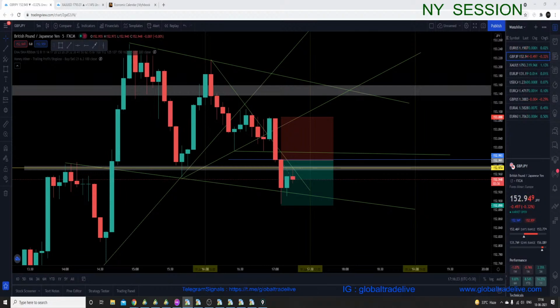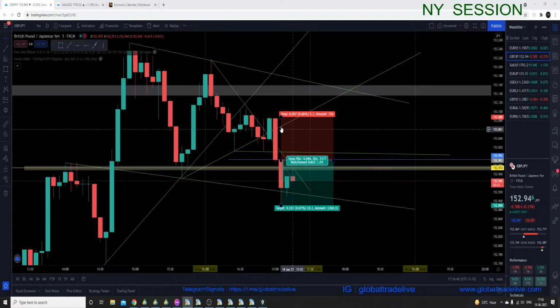So guys, look, now what I'm doing is I'm shifting my stops. I'm taking my stops right above my entry level. Not at break even, but a little bit above my entry level. It's at, let me just give you the exact, 153.024.